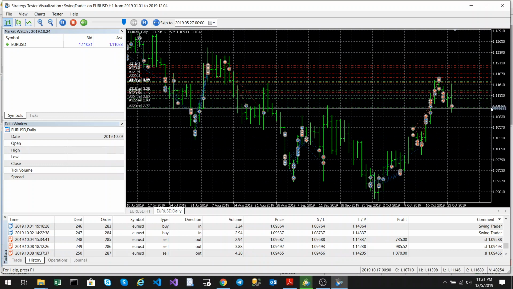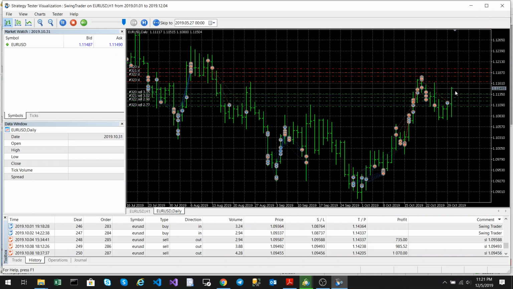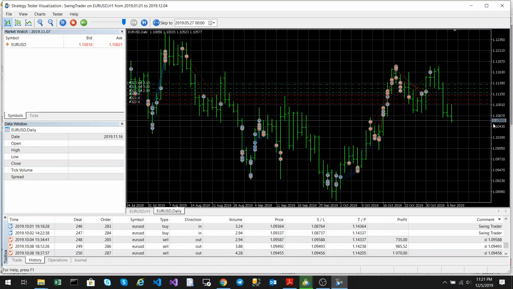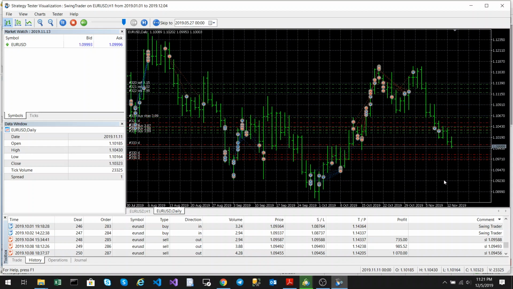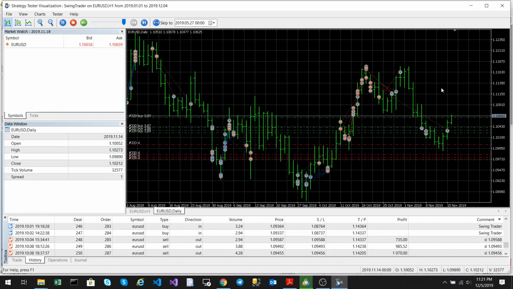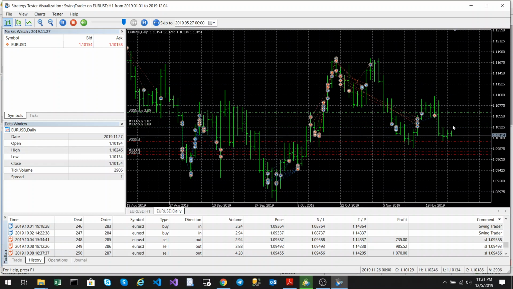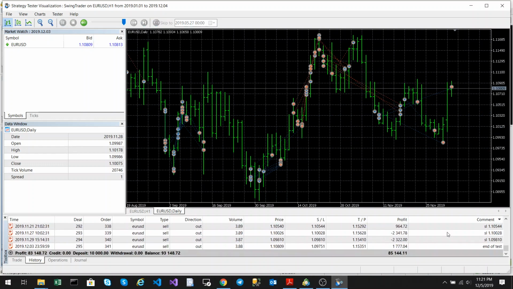If you want fewer trades, or if you don't want pending orders, you could configure it. This algorithm is highly configurable to suit your trading style. And also you could see it acts sort of as a hedge, by keeping the trade open for longer, it's already into the buy trades. And there we go, it's finished.